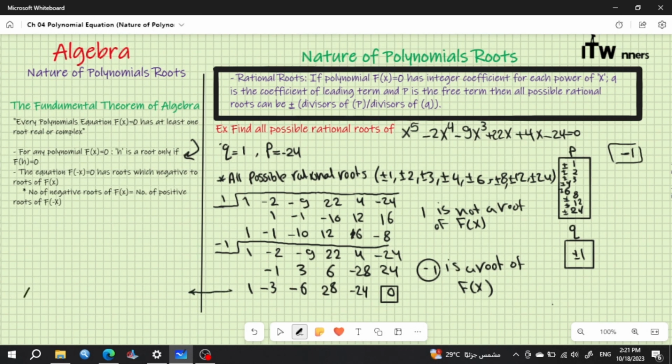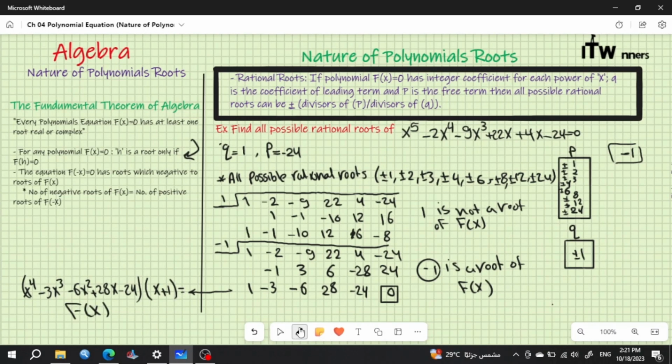We have x to the power 4 minus 3 x cubed minus 6 x squared plus 28x minus 24, this into x plus 1, equal to f of x.